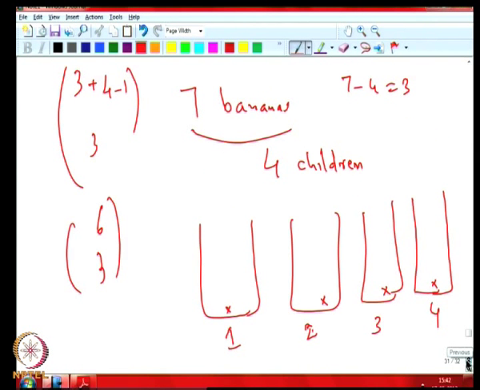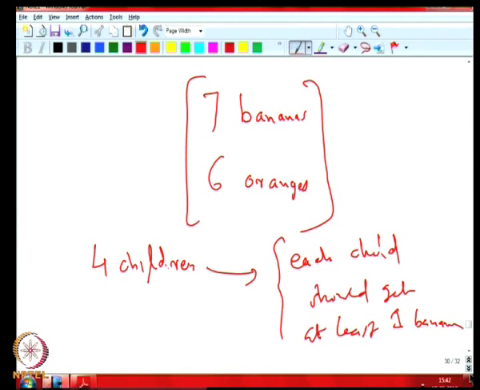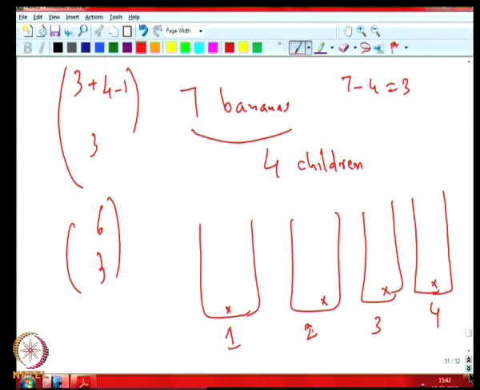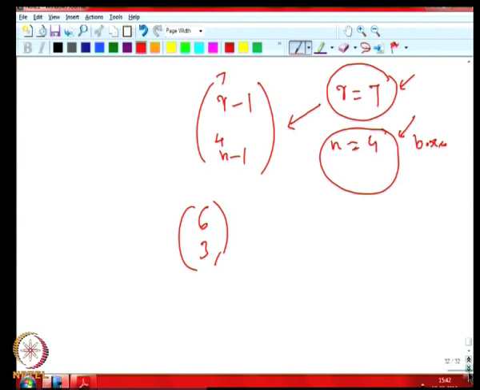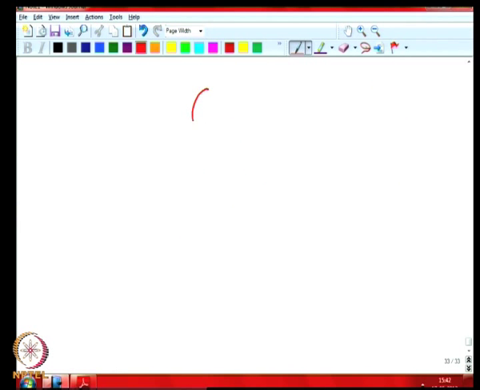Then the other problem is 6 oranges should be distributed to the 4 children, right. Now, this is easier because there is no extra condition.